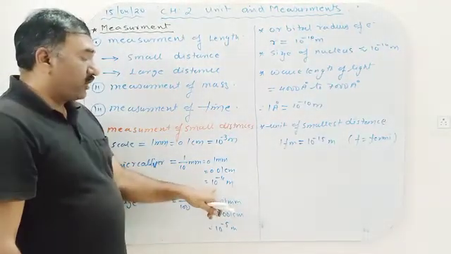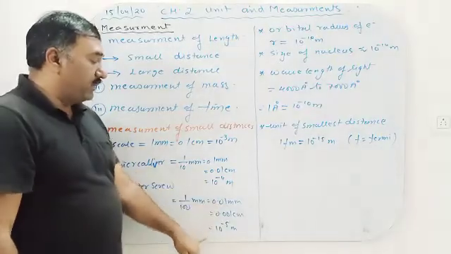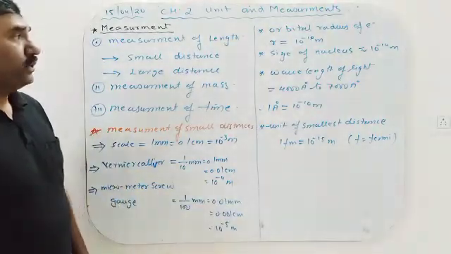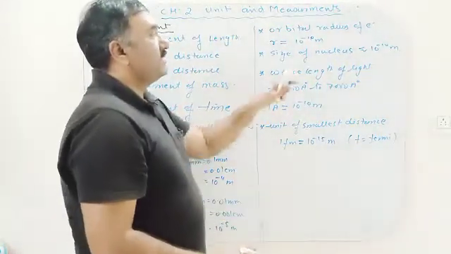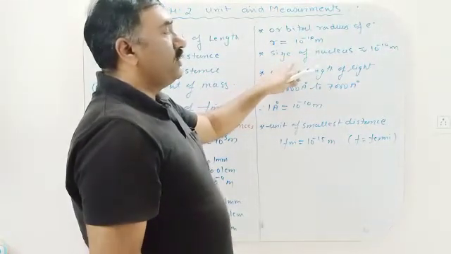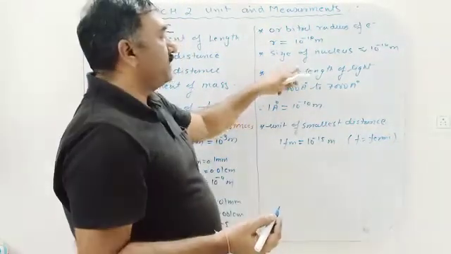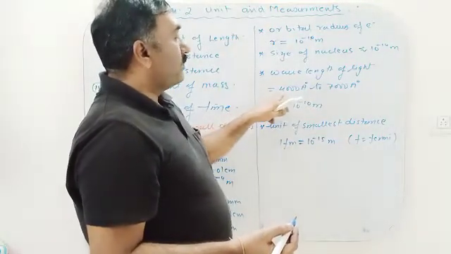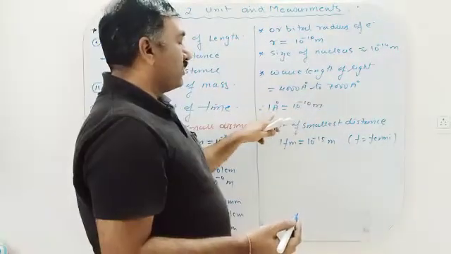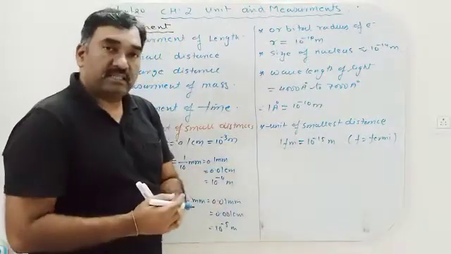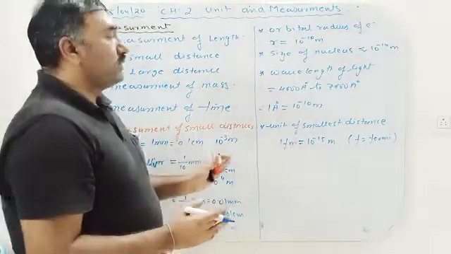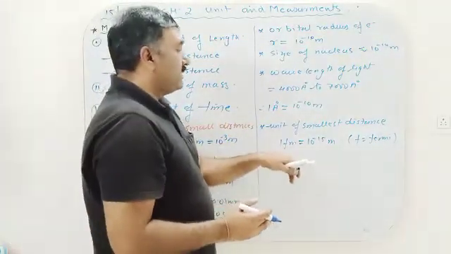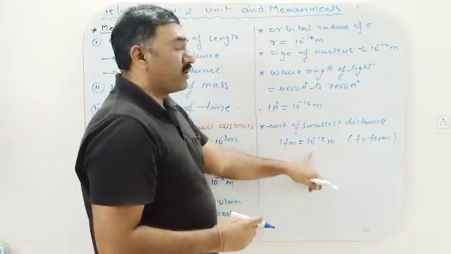The orbital radius is 10 raised to power minus 10. The size of the nucleus is 10 raised to power minus 14. The wavelength of light is 4000 Angstrom to 7000 Angstrom, and 1 Angstrom is 10 raised to power minus 10 meter. And the smallest unit of measurement of distance, that is 1 FM, is 10 raised to power minus 15.